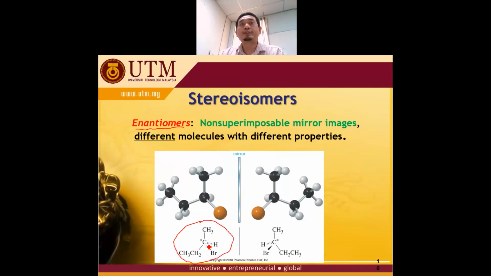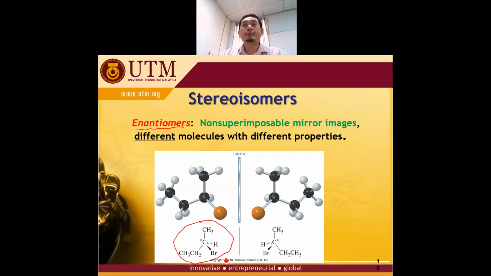For the 3D structure, it has 3 groups on the plane: 1, 2, 3. One group is toward us and the other one is away from us. Normally we put the lowest priority, which is hydrogen, at the back.